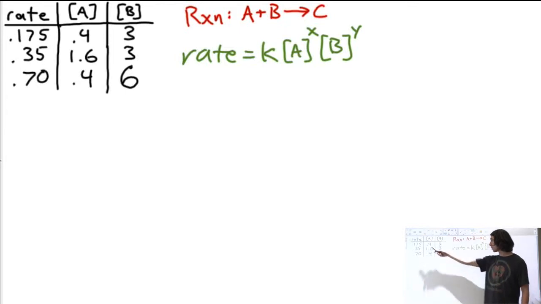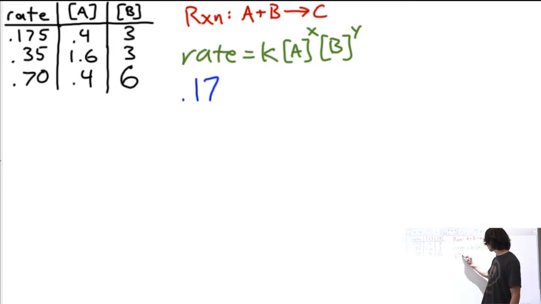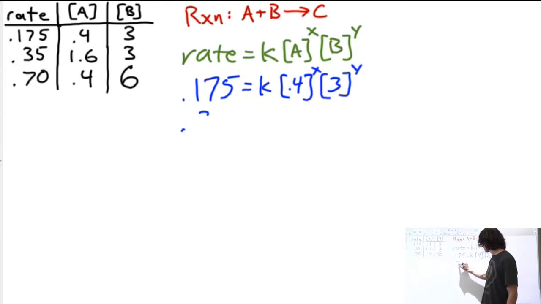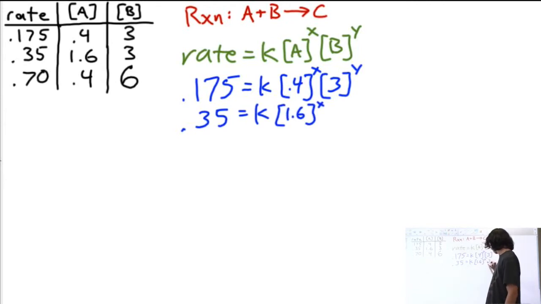So what the first two lines of this table are saying is 0.175 equals a constant times 0.4 raised to an unknown power times 3 raised to an unknown power, and 0.35 is equal to a constant times 1.6 raised to an unknown power times 3 raised to an unknown power.